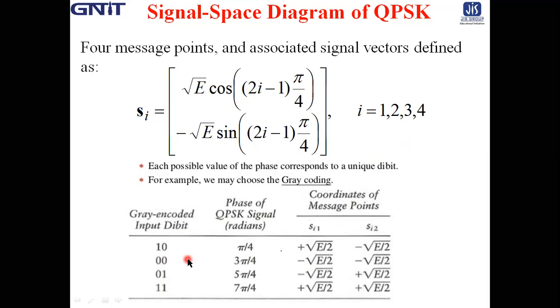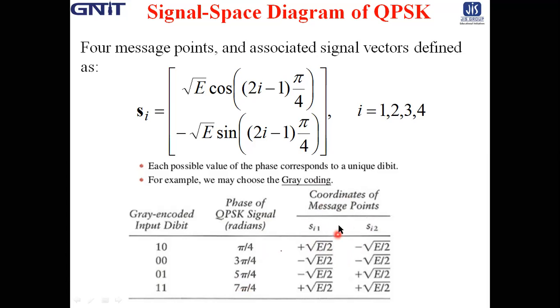For the dibits 10, 00, 01 and 11, the corresponding phases of the QPSK signals in radians are pi by 4, 3 pi by 4, 5 pi by 4 and 7 pi by 4. Accordingly, you can calculate the coordinates of the message points.